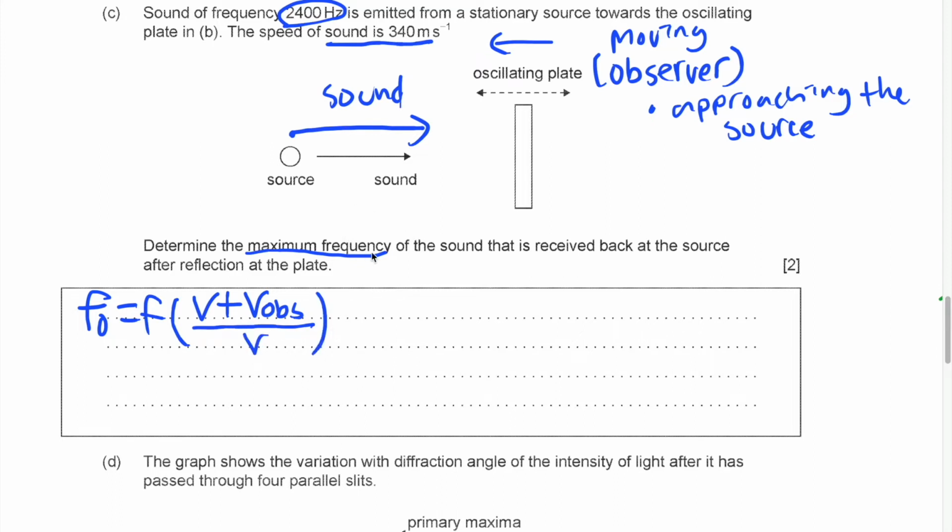So this is the maximum frequency we observe when the sound is emitted to the oscillating plate, right?